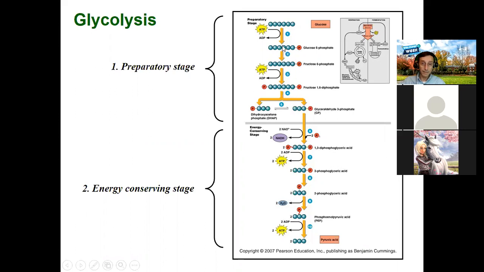And glycolysis is a 10-step process. This gets made, but then it's converted into that, and then it proceeds down. Glucose is a 6-carbon molecule. We end up with 2 pyruvic acids, which are 3-carbon molecules. Any question about any of that?